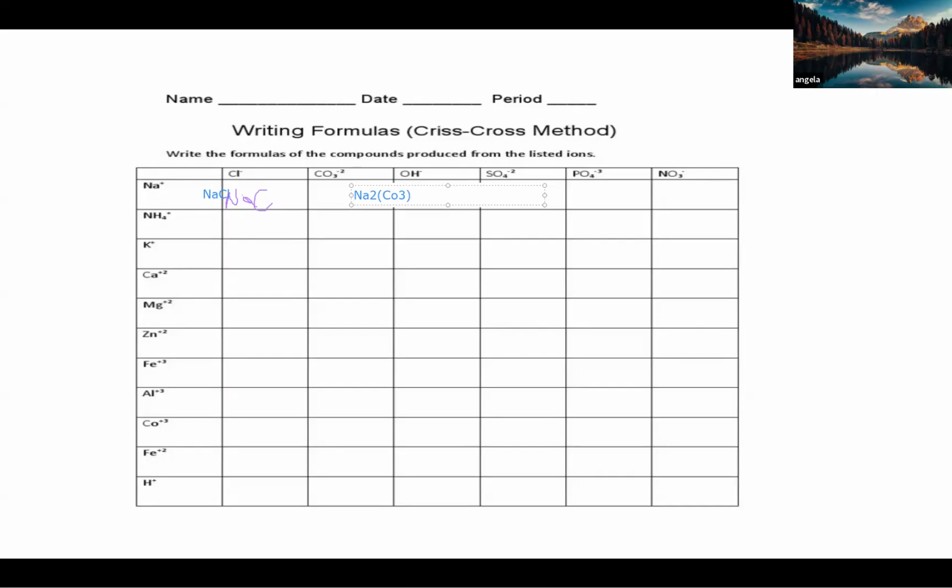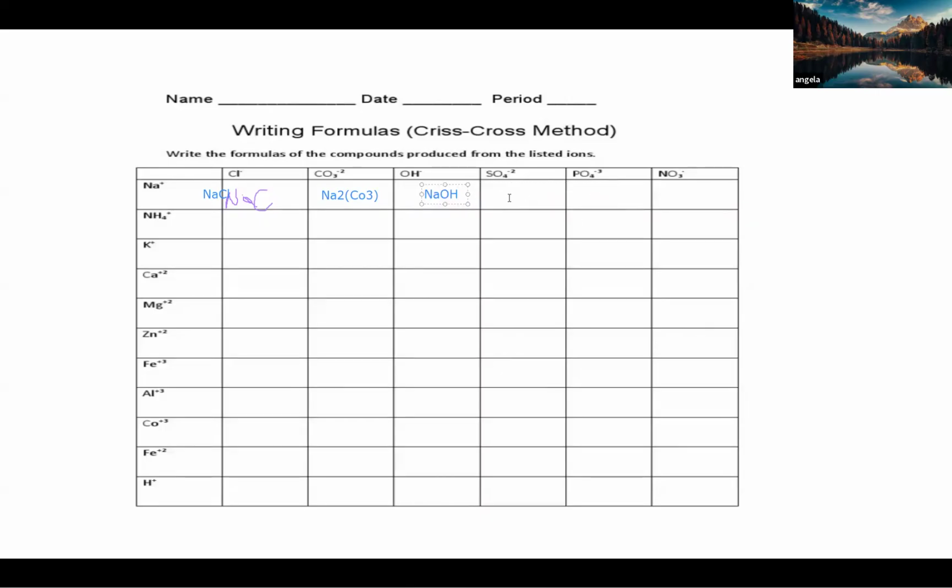And that's it. And that would balance that out. So then this one, OH has a charge of -1, and sodium has a charge of +1. So they're going to equal out. So that would equal NaOH.